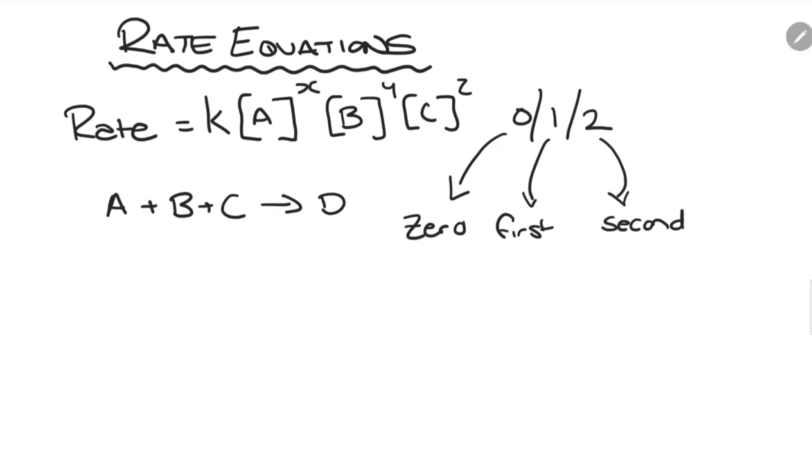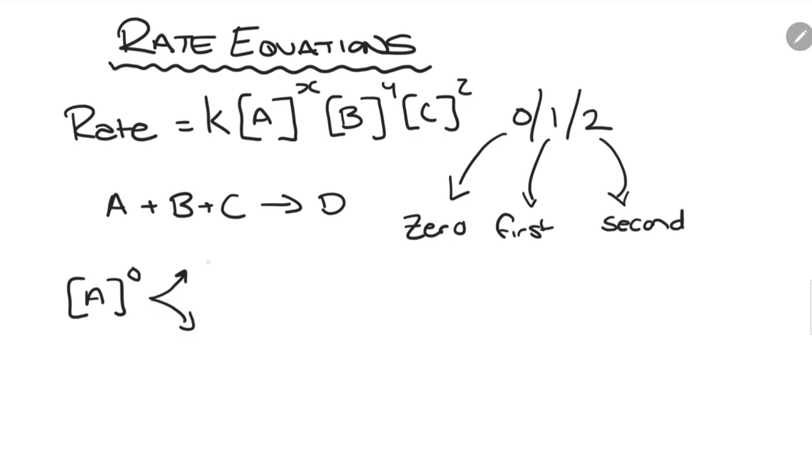If we use 0, first and second to look at each of those concentrations in turn, and we establish that A was 0 order with respect to its concentration, it wouldn't matter what we do to the concentration.